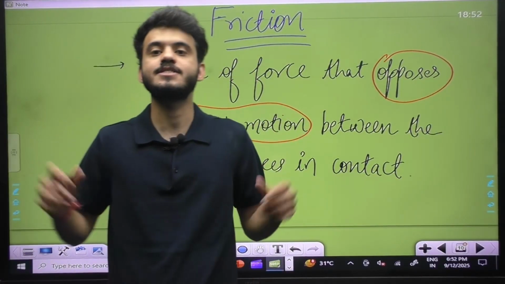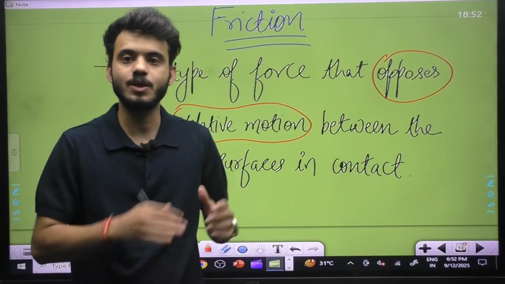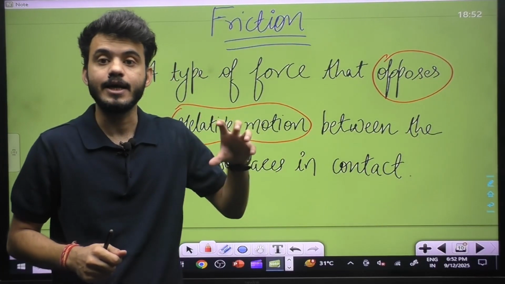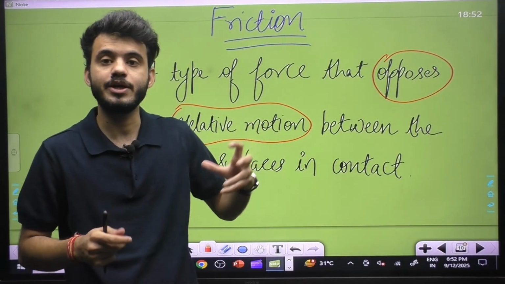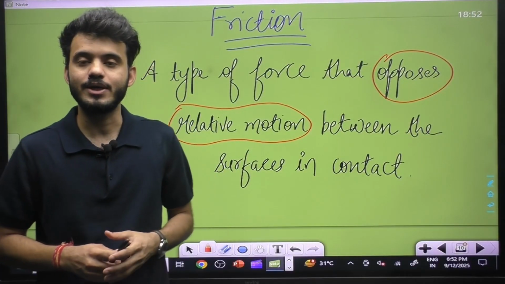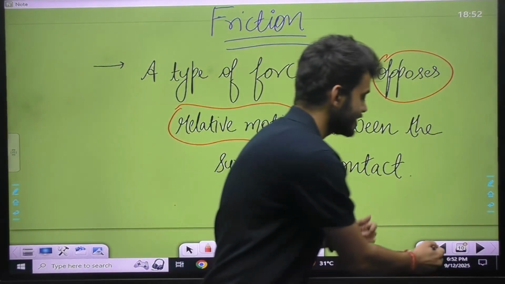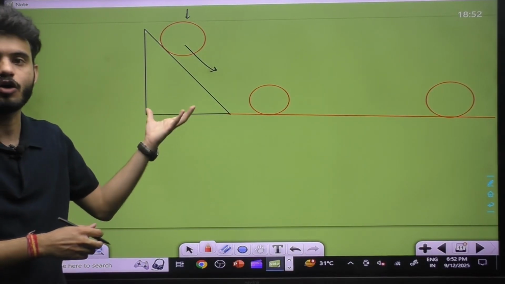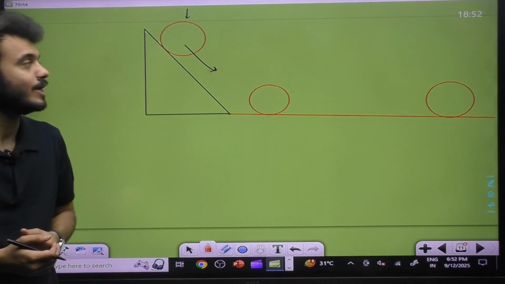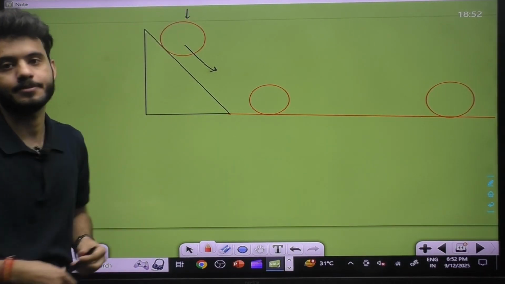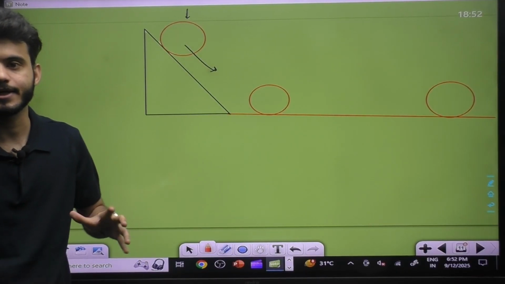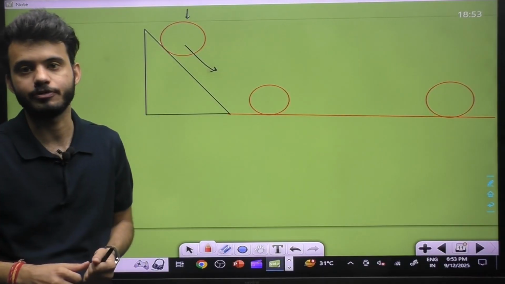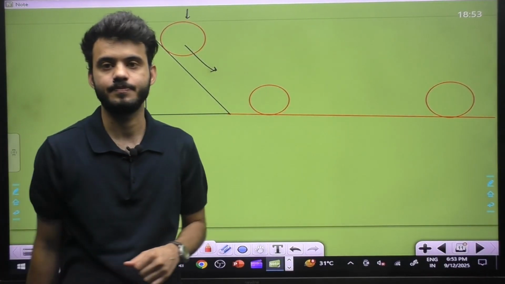Let's try to imagine something. Let's try to imagine a wedge or an inclined plane if you can, and let's try to understand what we can do with it. Okay, so let's try to understand a different scenario. In this scenario, you have an inclined plane or wedge with you and you're dropping a ball on it. Okay, can you see it? Yeah, so I have a wedge over here and I'm dropping a ball from the top of it. Okay, what is going to happen?